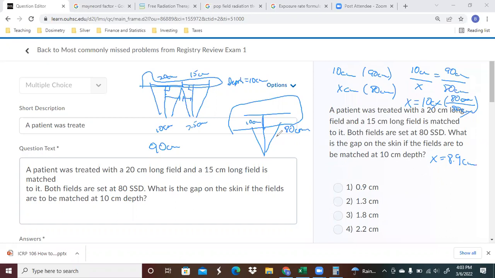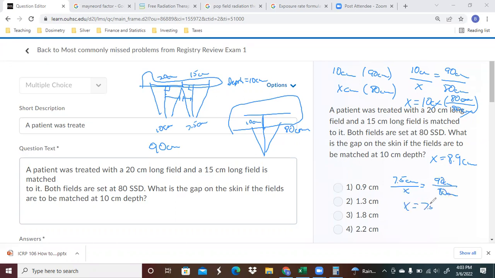So then for the other side there, I see that 7.5 cm over some value X is the same as 90 cm divided by 80 cm.